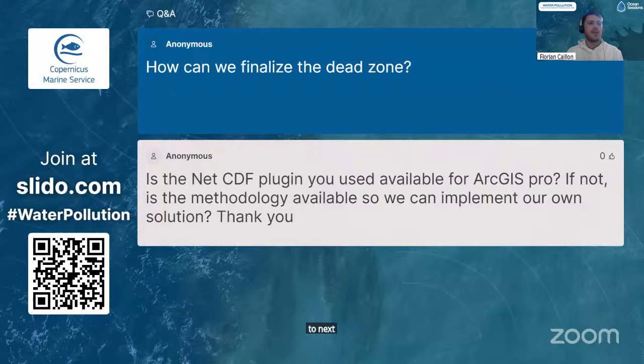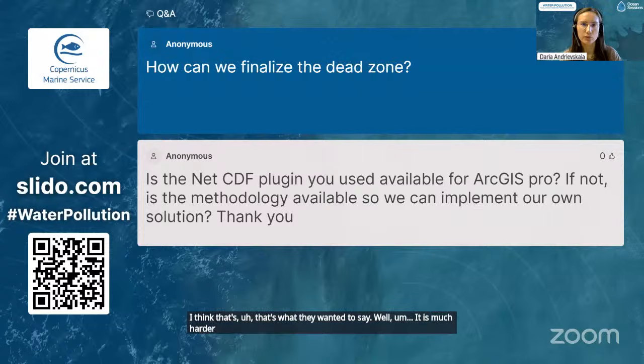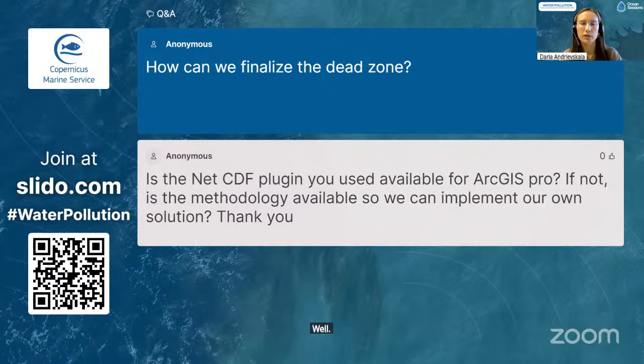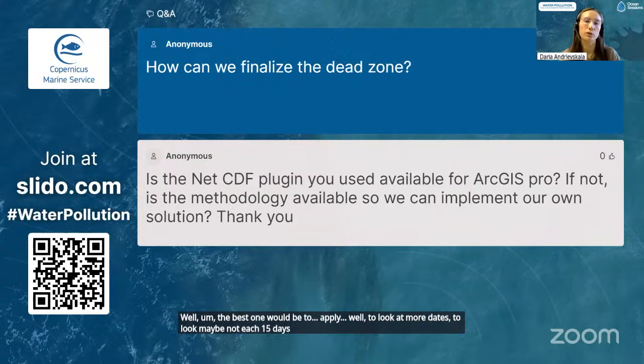How can we finalize the dead zone? Not sure what that means. But maybe it means what's the conclusion. I think that's what they wanted to say. Well, it is much harder to have a clear conclusion based on what we saw, because the best approach would be to look at more dates, maybe not every 15 days, but a bit more frequently.